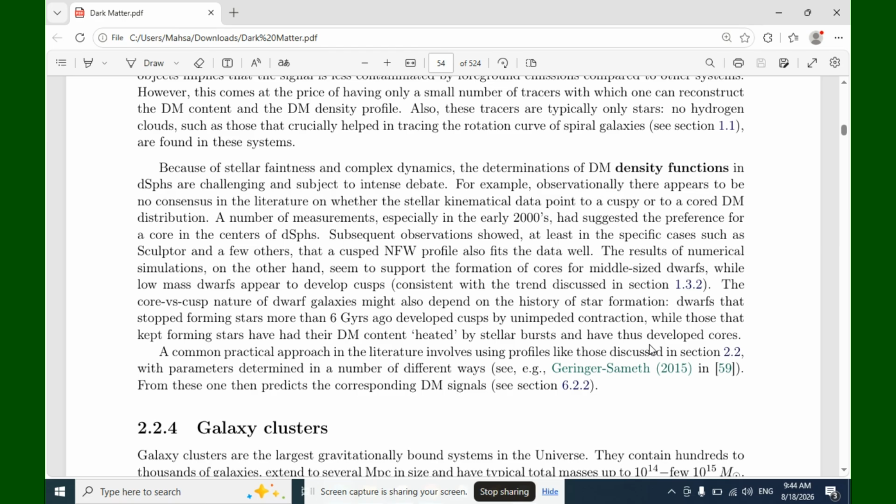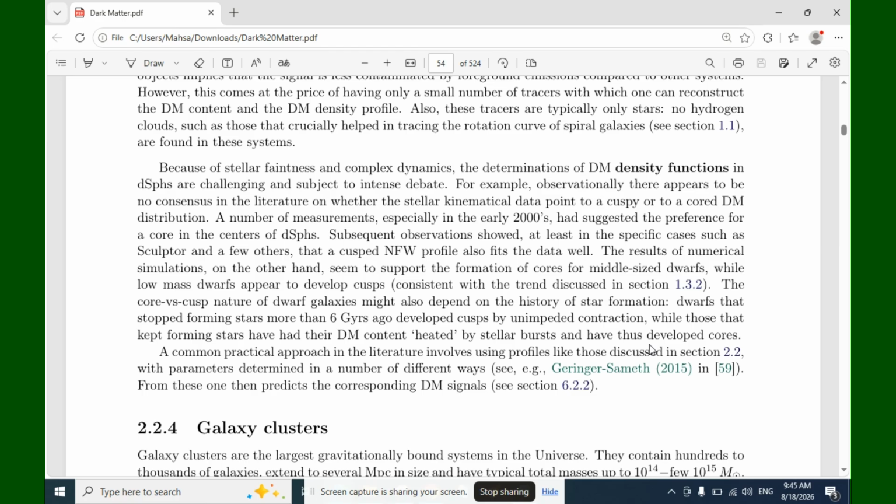Dwarfs that stopped forming stars more than 6 gigayears ago developed cusps by unimpeded contraction, while those that kept forming stars have had their dark matter content heated by stellar bursts and have thus developed cores.